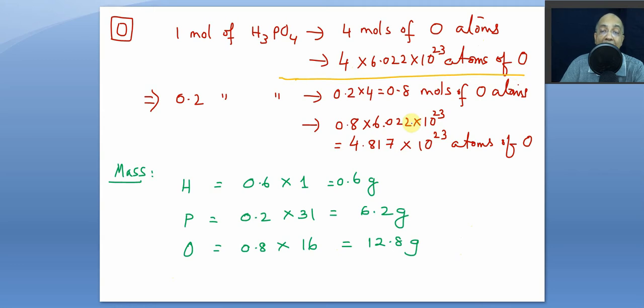So 0.2 mole will contain how many moles of oxygen and how many oxygen atoms. And once you know the moles of each element, then multiply by its gram atomic mass to get the mass of that element present in the 0.2 mole.